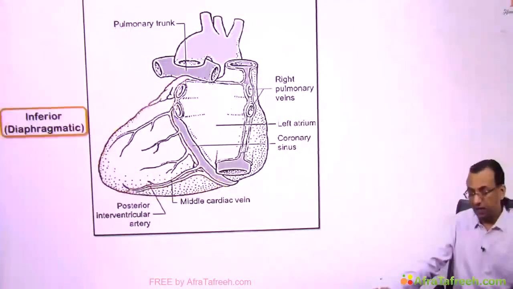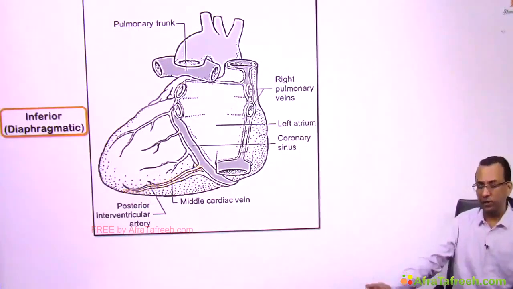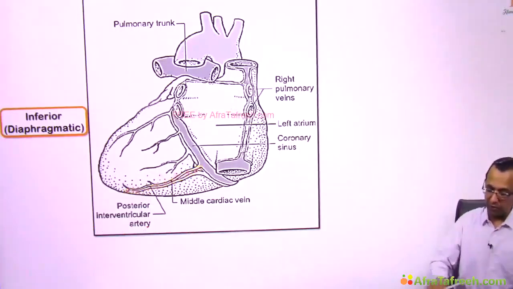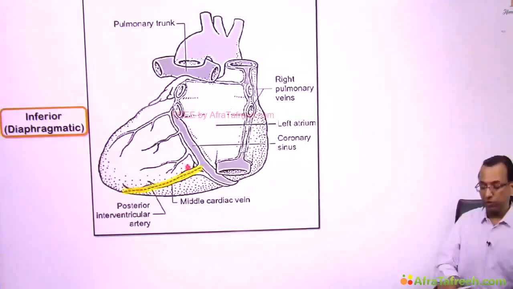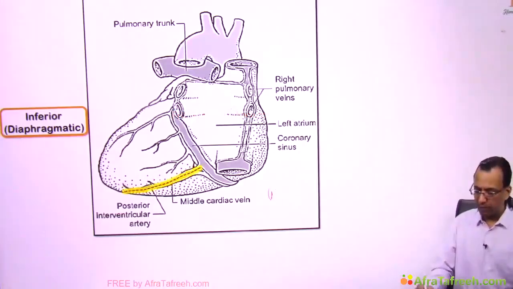You will see on that there is the location of interventricular septum. On the location of interventricular septum, you have interventricular groove, and in the interventricular groove, you have the interventricular artery. Are you talking about PIVA in the PIVG?